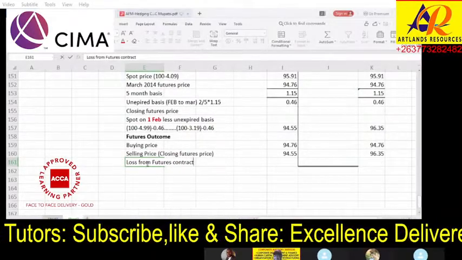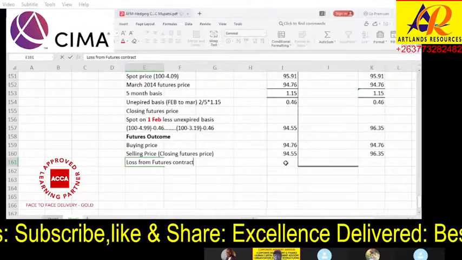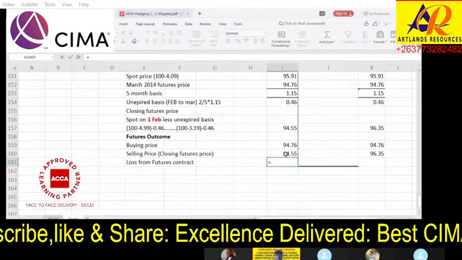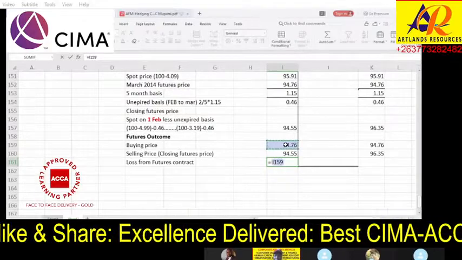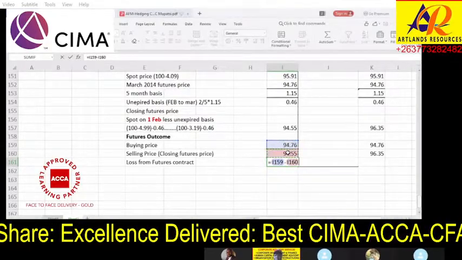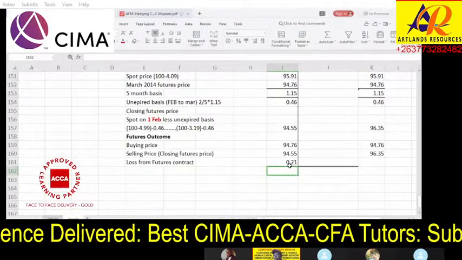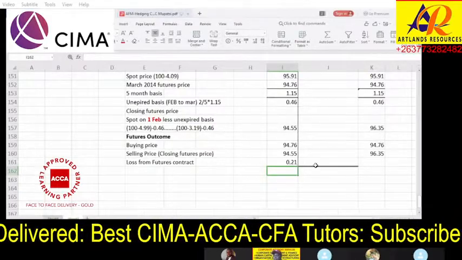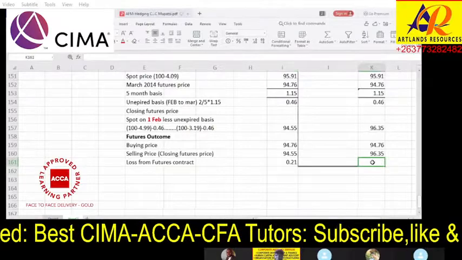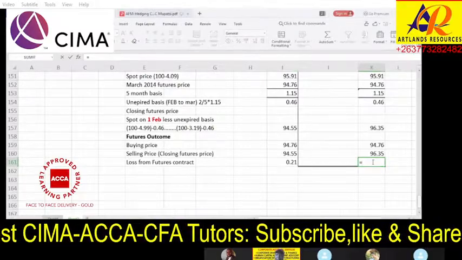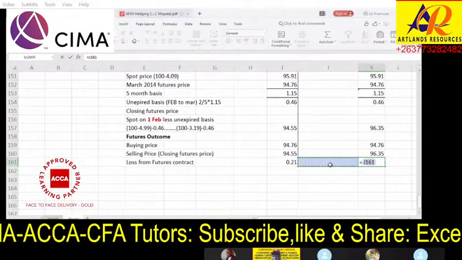Remember, this is basis or loss from futures contracts. So you bought at a high price, you sold at a lower price, so you made a loss of 0.21. This is 0.21%. Notice that. Because it's basis, you have to divide by 100. Was it a loss here?